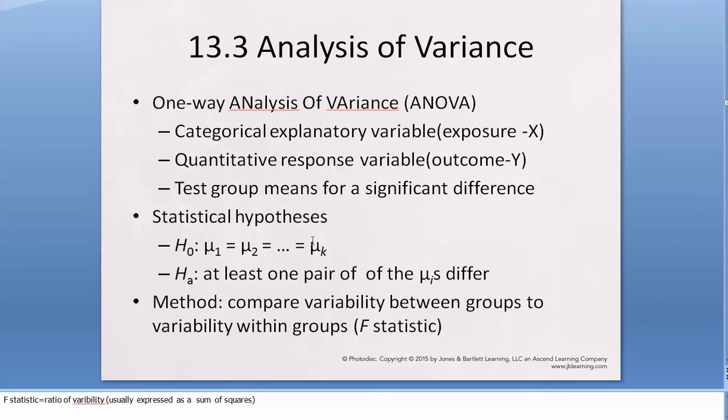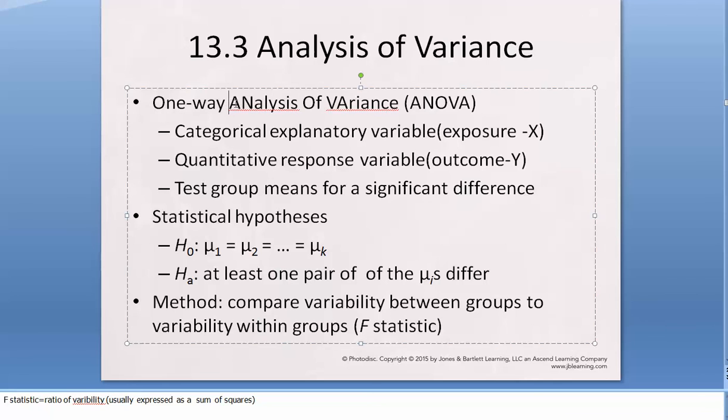So in this slide, we are talking about what analysis of variance is. First of all, just to give you some description. Here we are talking about one way. One way means we have only one x. One way means one x. In our example, it was the group.